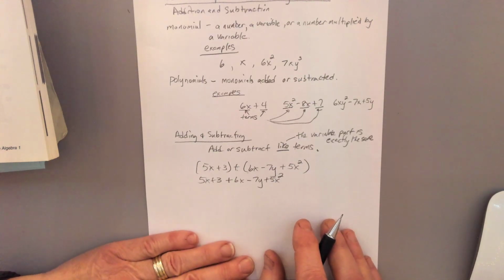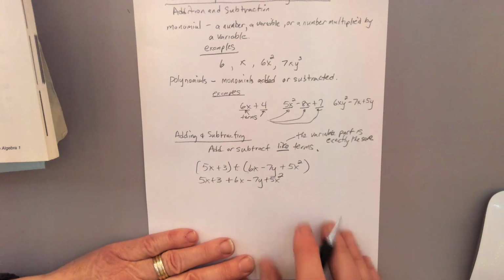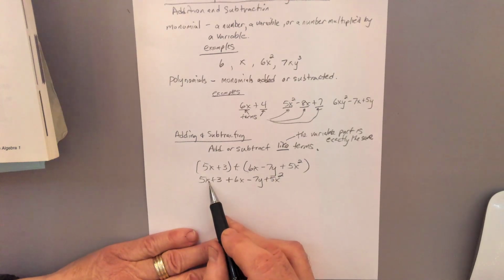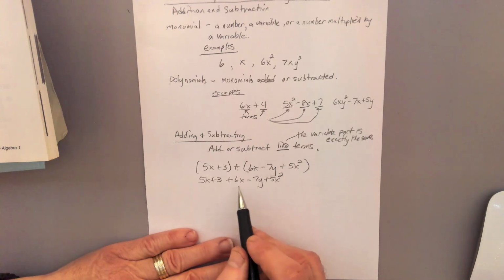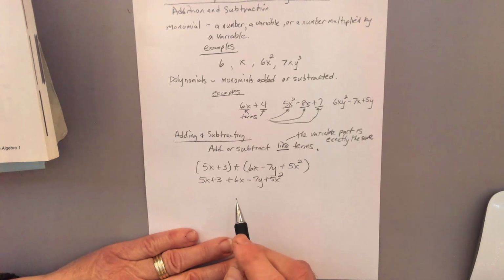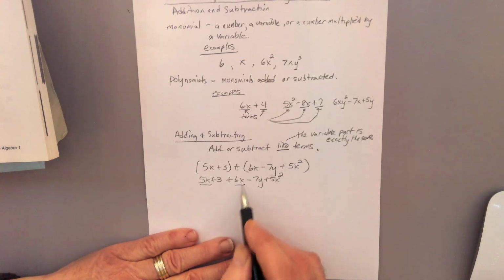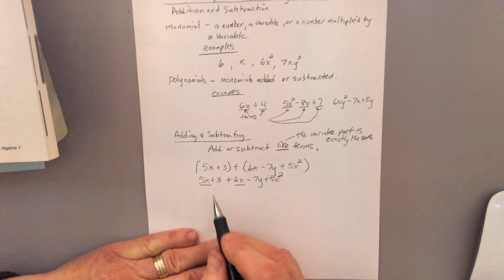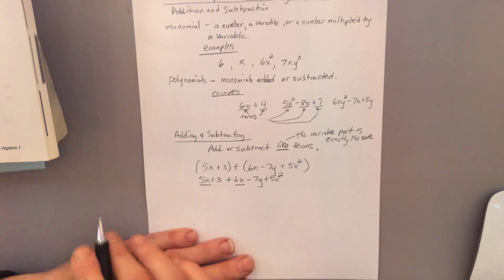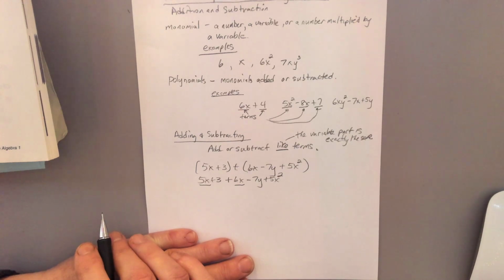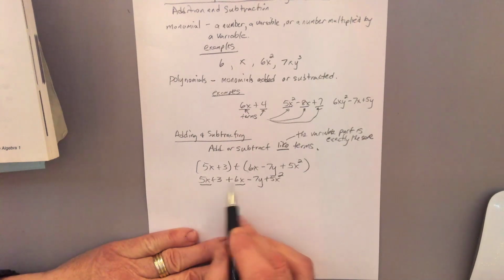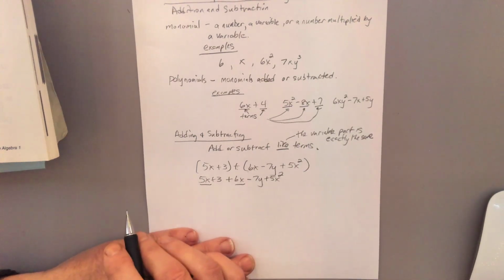Then what we do is go through and identify like terms. We look at the variable part of this term, and I try to find, do I have any other terms that have exactly the same variable and exponents? So 5x and 6x. As far as the variable part of it, it's exactly the same. So you just add, or if it's subtraction, you just combine the numbers out in front of it.